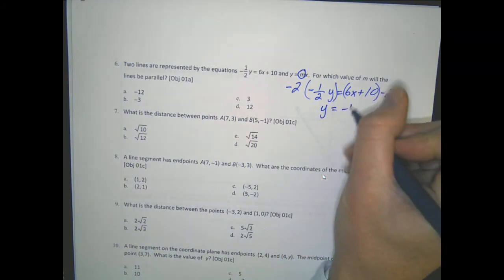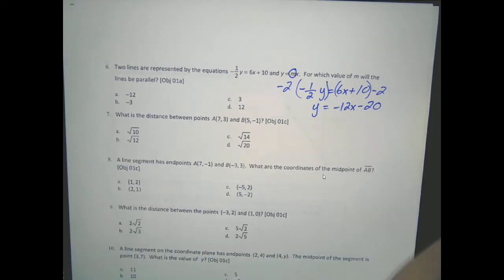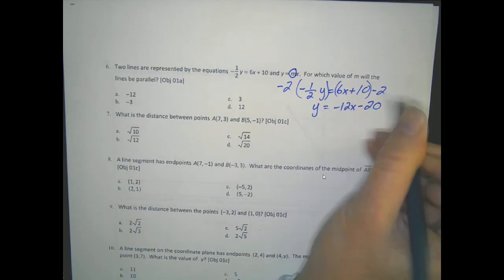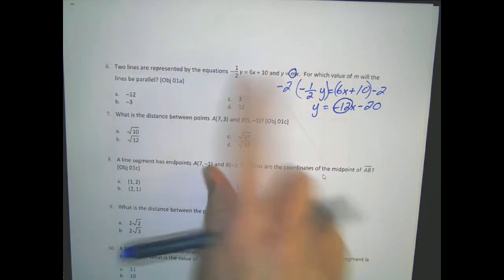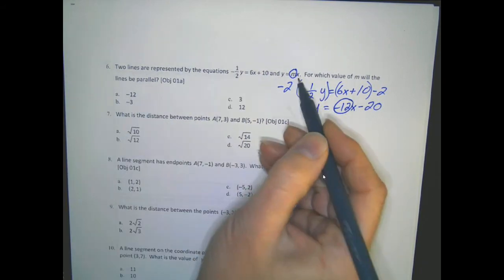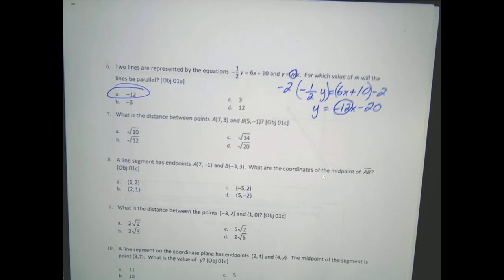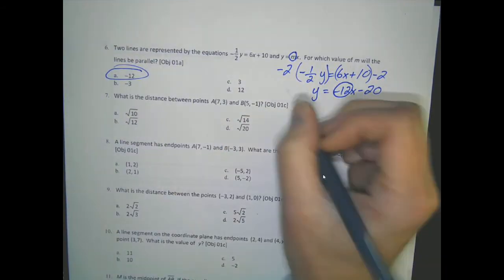This is going to be negative 12x minus 20. So when I multiply each side by that negative 2, the slope of this line is going to be negative 12. So the slope of the line that I'm looking for also has to be negative 12.